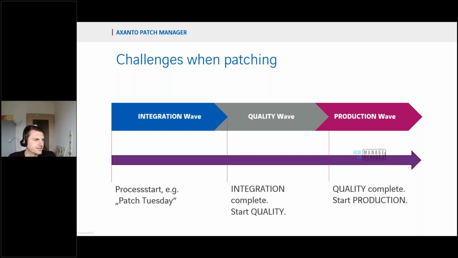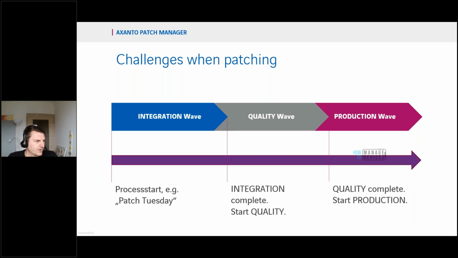So we have implemented best practices in our product so that we have different waves, starting with Patch Tuesday. It's definable. We can start with the integration wave if you want to, where we deploy these patches to some systems which can be easily replaced or easily recovered.